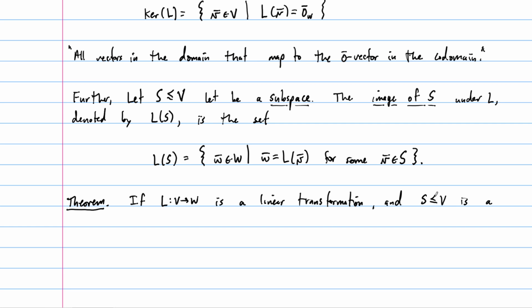But this less than or equal to symbol means a subspace. Then the following are true. The kernel of L is a subspace of V, and L of S is a subspace of W. So the image of S is a subspace of W.